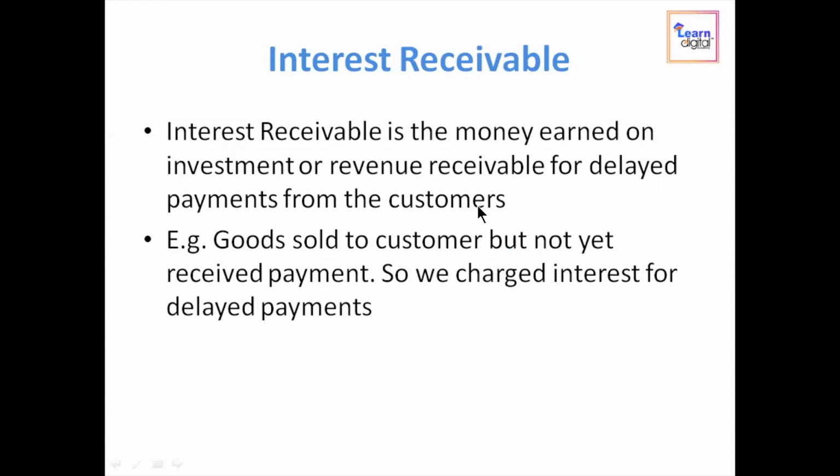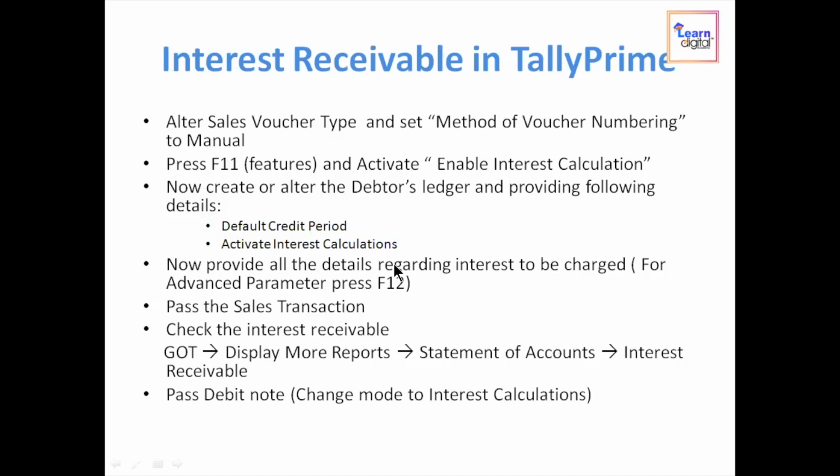The goods sold on credit and the customers or debtors do not pay on time. In that case, we charge interest for delayed payment. So interest receivable is the money earned on investment or revenue receivable from the customers for delayed payments. So let's start with the example.